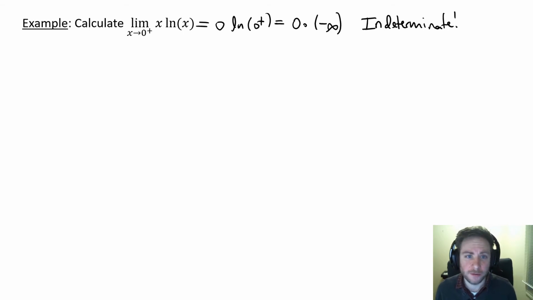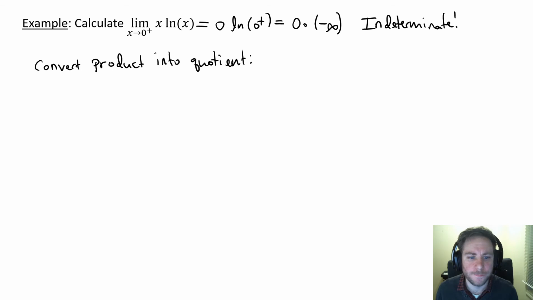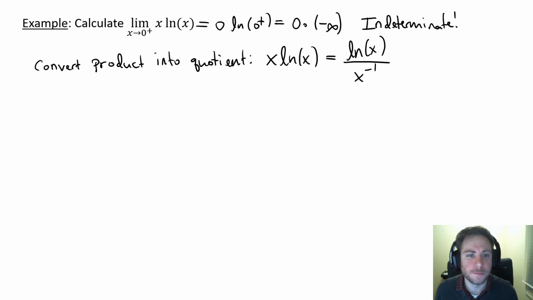So in particular, we'd like to convert our product into a quotient by introducing a negative exponent. Now, since we have two factors here, we actually have a choice to make about which of these should go in our numerator and which one should go in our denominator. The first option is to bring the x into the denominator with a negative exponent. The second option is to bring the ln x into the denominator with a negative exponent.